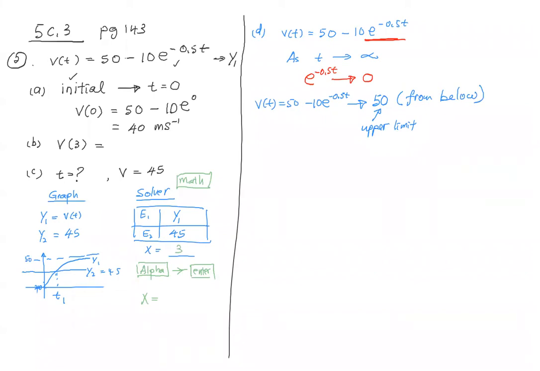Okay, show that the particle's acceleration is always positive. So if I want to find acceleration, what must I do with velocity? Differentiate. Yes, I have to differentiate. So differentiate 50, you get 0.